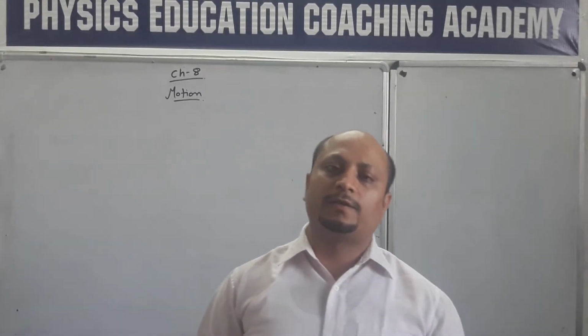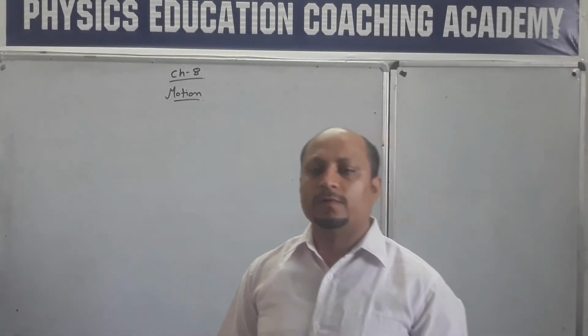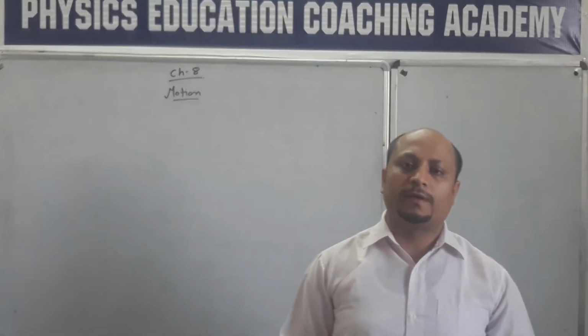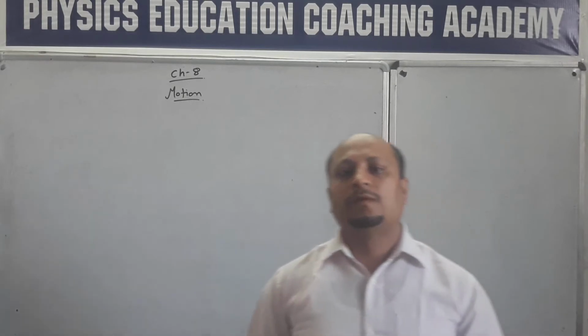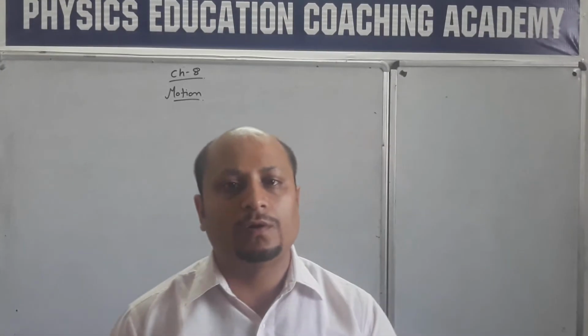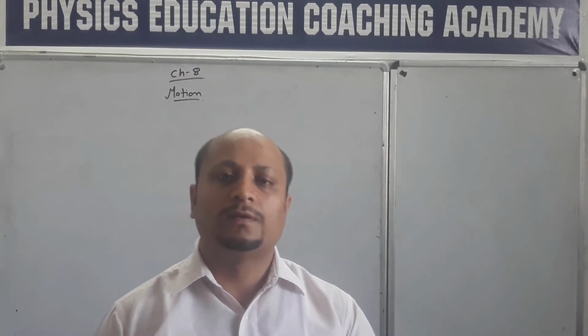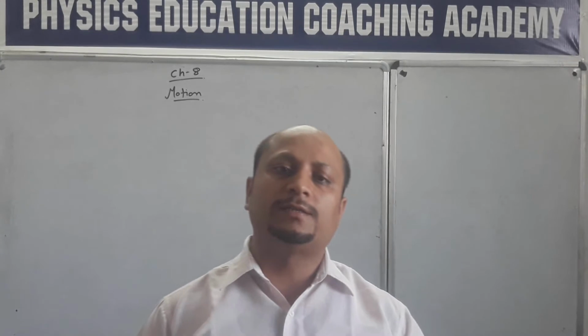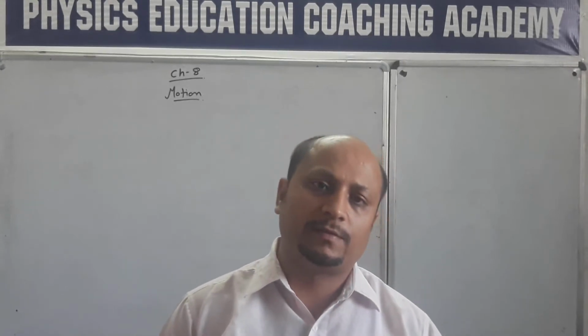And in this lecture, I will discuss along with you the few important terms, and the important terms are: first, what is the difference between the uniform and non-uniform motion? Second, what is speed? And the third is types of speeds.